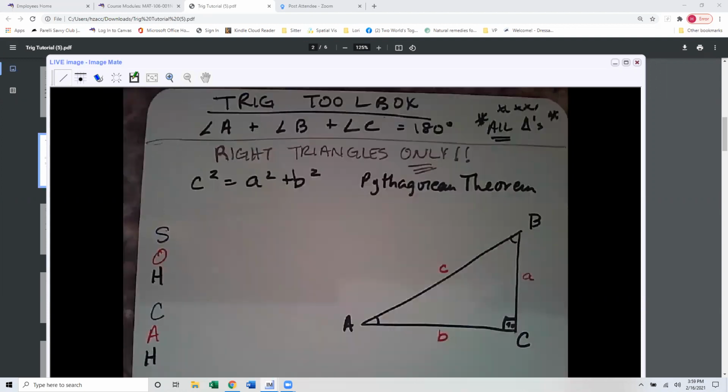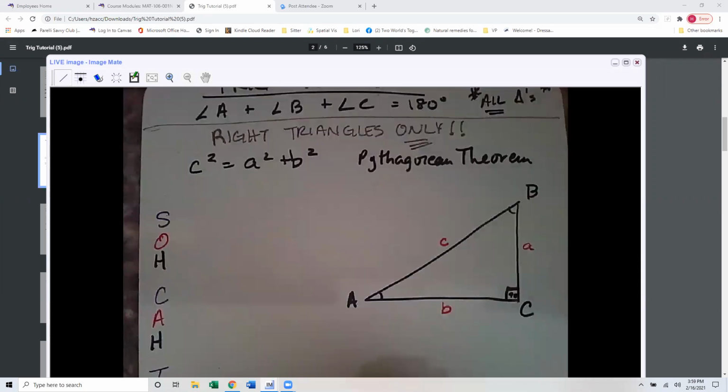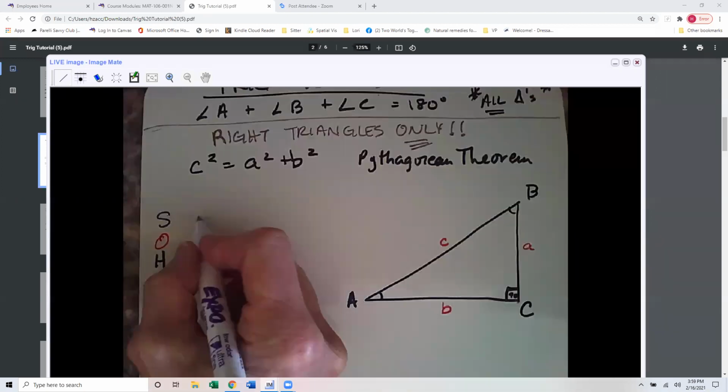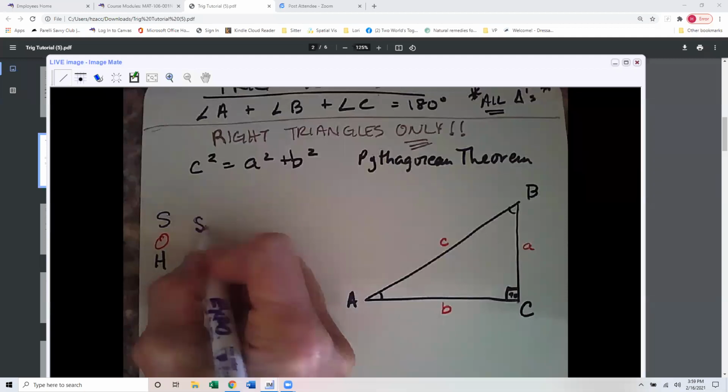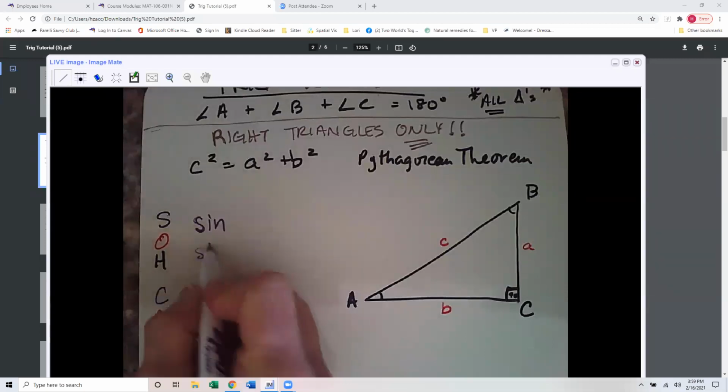All right, so let's go back to SOHCAHTOA. Now that we have a triangle that's labeled, and we have SOHCAHTOA here on the left, let's find out what that actually means. Well, the S here stands for sine. And the thing to remember about the functions is they always need to have a perspective.